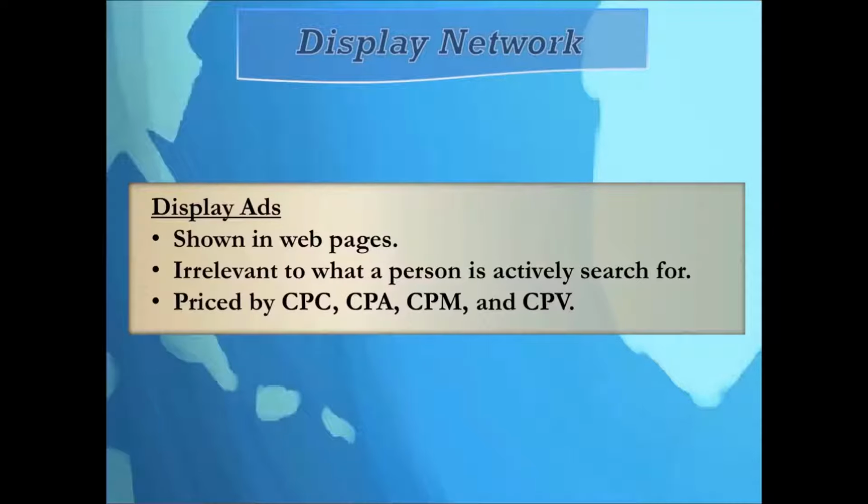Google Display Ads are ads that you see as you surf around the web on Google. These ads can sometimes bear no resemblance to what you're actively searching for. Therefore, it can be considered as annoying at times. Display ads are based on the CPC, CPA, CPM, and CPV pricing models, which we will talk about later in just a second.